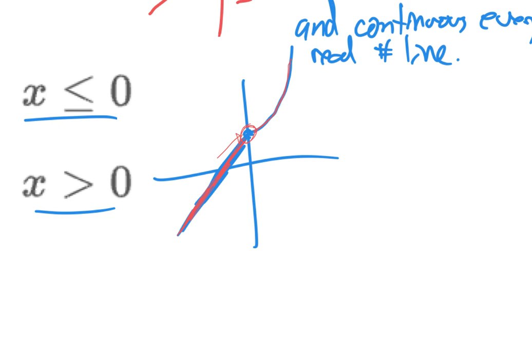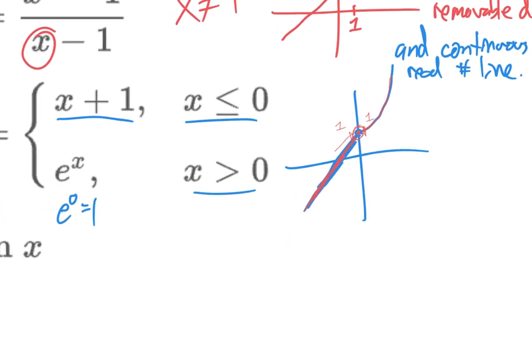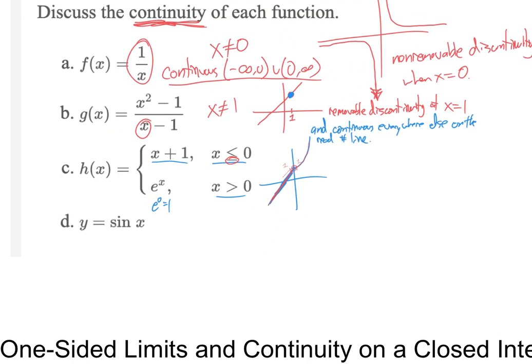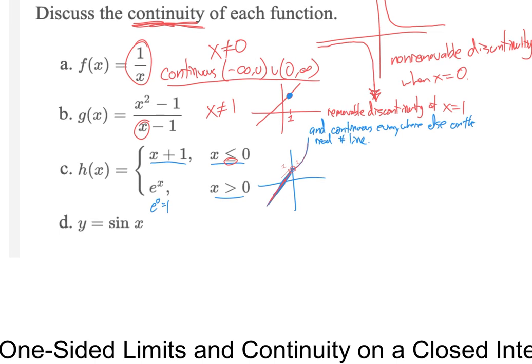It's going to be approaching 1, and the limit as we approach it from the right is also 1, and the function equals 1 at that point because we have this less than or equal to, and we know that function equals 1 when x equals 0. So this seems to be continuous everywhere, or continuous from negative infinity to infinity.